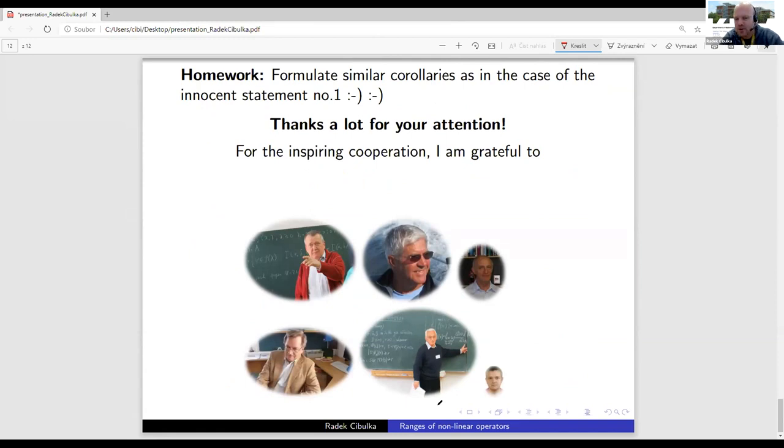And I would like to thank you for your attention, and especially I am grateful to many people with whom I was cooperating. So here are some pictures. The first one is Marian Fabian, the second is Esen Donchev, the third is Alex Kruger, the fourth is Vladimir Veliov, and the fifth is Alex Ioffe, and the last one is my PhD student who somehow makes very, very good progress.